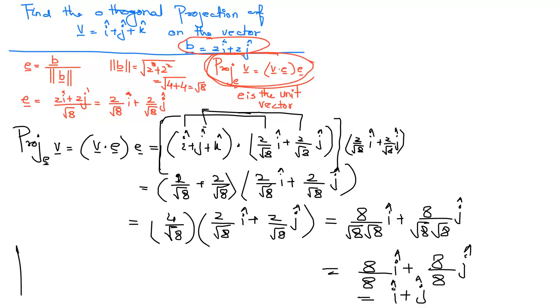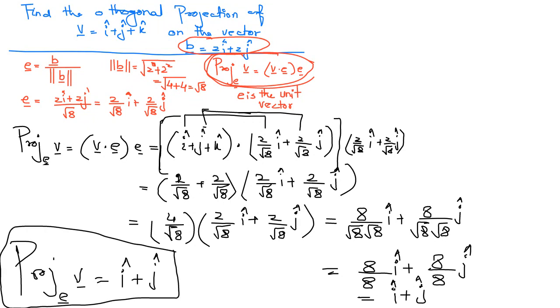So what is the projection? The projection along vector V is equal to I plus J. So this is the answer. Okay. If the question does not give a unit vector, you have to find a unit vector. If it is given a unit vector, then you directly apply this formula.